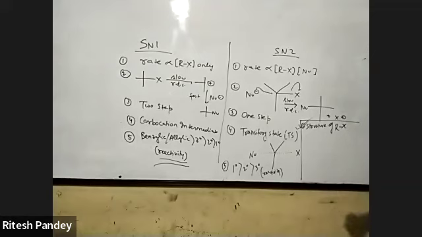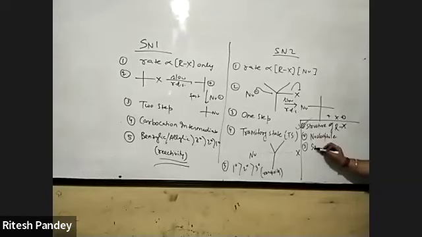So when I say Sn1 or Sn2, the first factor, the first criteria would be the structure of the halide. The second factor could be the nature of the nucleophile. Third factor could be the nature of the solvent or medium. And the fourth factor could be the nature of the leaving group.